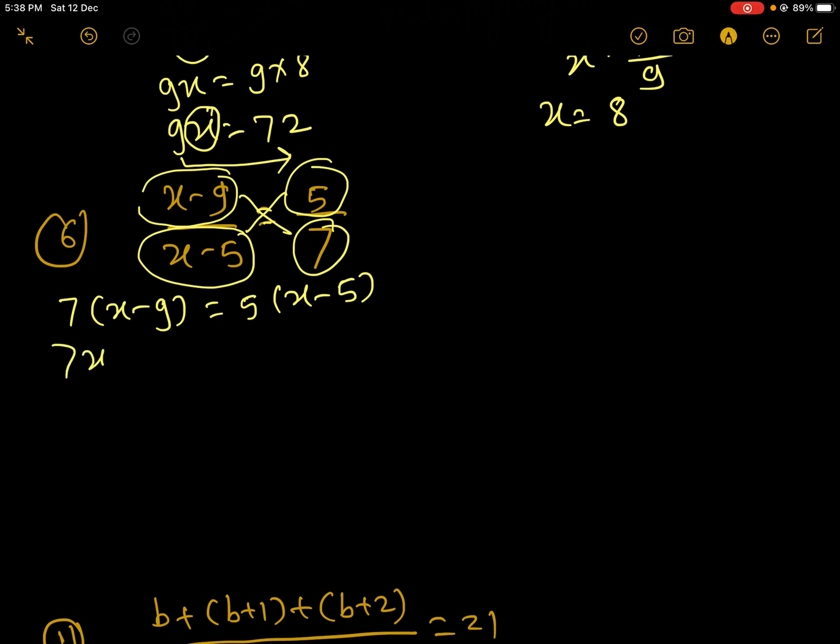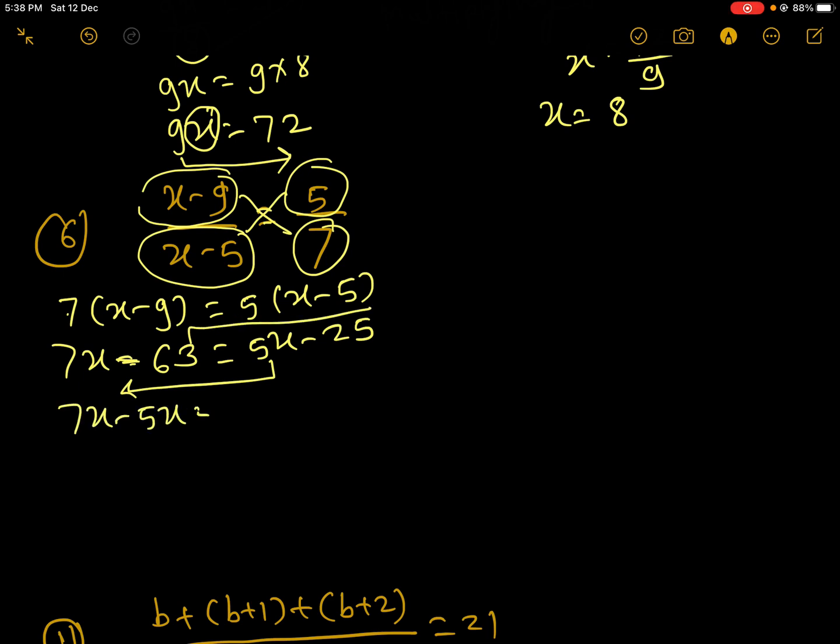Then we solve this bracket. 7x minus 63, 7 into 9 is 63, equal to 5x minus 25. Then we shift the x term and the constant term. 7x minus 5x equal to minus 25 plus 63.